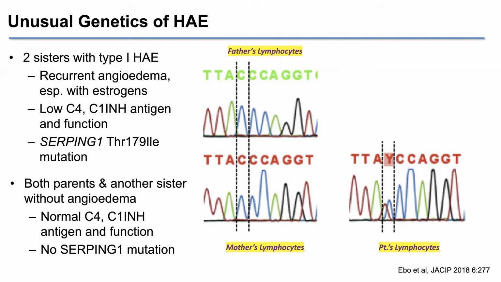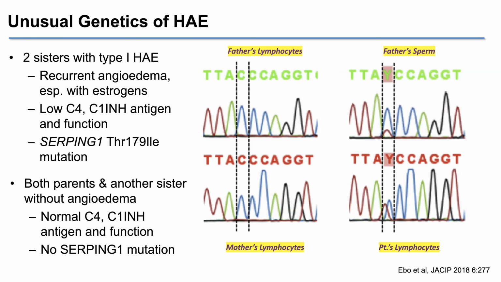So, one possibility, and they're not identical twins, I should point that out. So one possibility was that the father was not really the biologic father, but they checked that, and that turned out not to be correct. They happened to get lucky. In this case, they decided to investigate it, and they got some of the father's sperm.